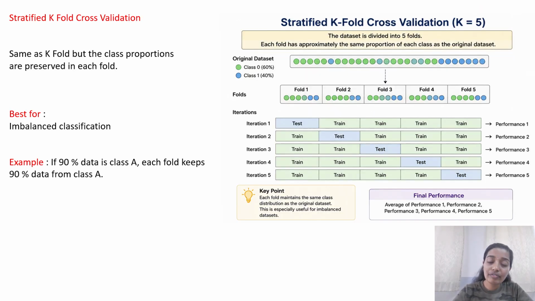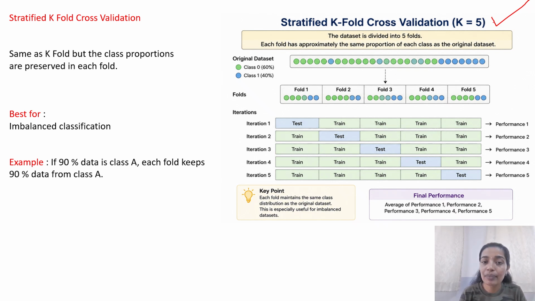Then we have stratified k-fold cross validation. This is similar to k-fold cross validation. Here again the value of k is equal to 5, so we will have 5 folds in the data set, but the only difference between k-fold cross validation and stratified k-fold cross validation is that the proportion of the classes is maintained in the folds as well.